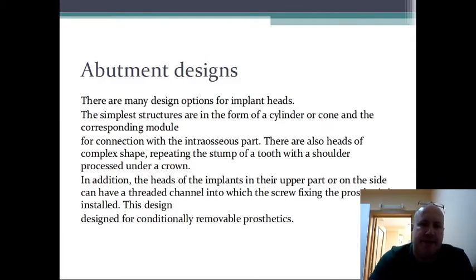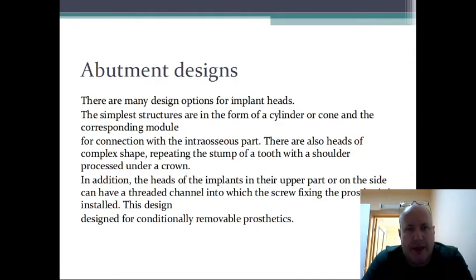Abutment design. There are many designs. The abutment is a part that is inserted into the implant, and you put your crown on the abutment. There are many design options for implant heads. The simple structures are in the form of a cylinder or cone and the corresponding module for connection with an intraosseous part.